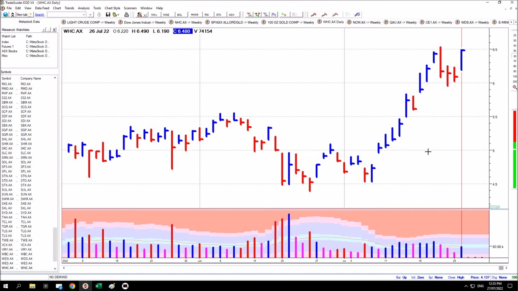Now, more recently, after the breakout, you had price accelerate higher here with a very small pullback, just one bar was here. Then price accelerated higher again, and price has pulled back a second time.